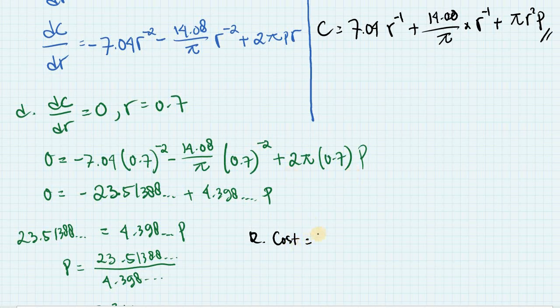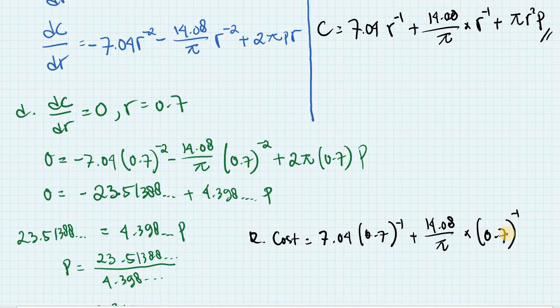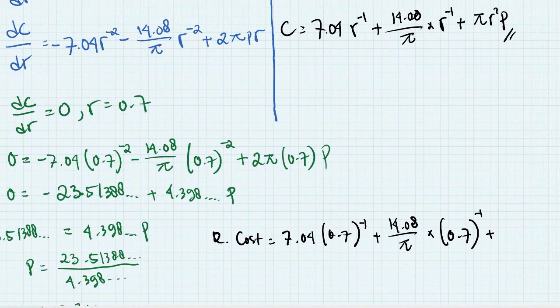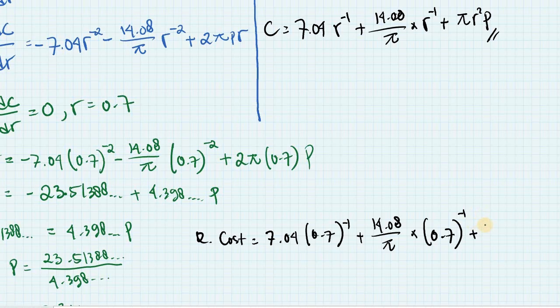So the cost will be 7.04 times R, where R is 0.7, to the power of -1, plus 14.08 divided by pi times R, with R being 0.7 to the power of -1, plus pi R squared P, where our P is 5.35.